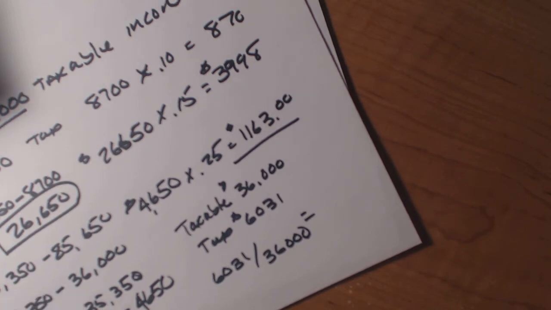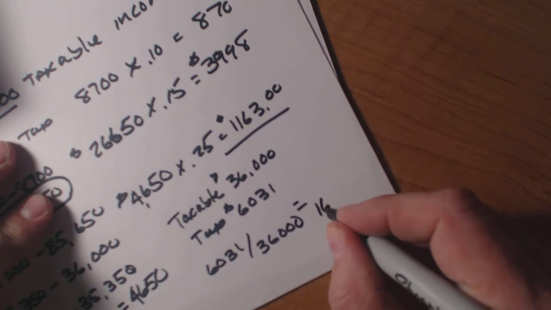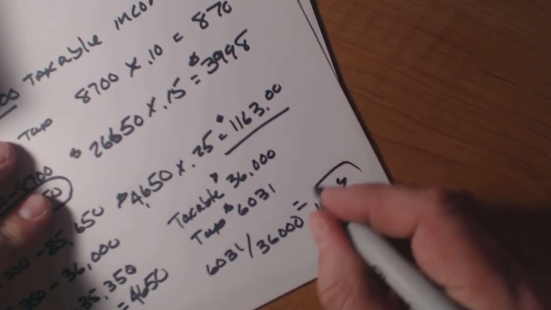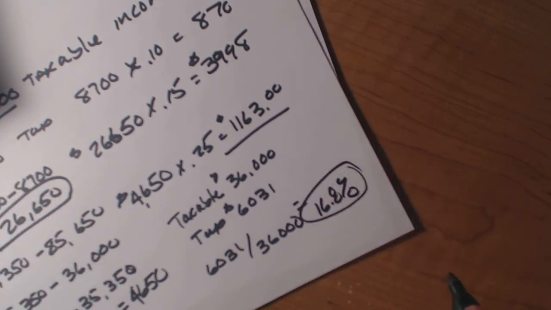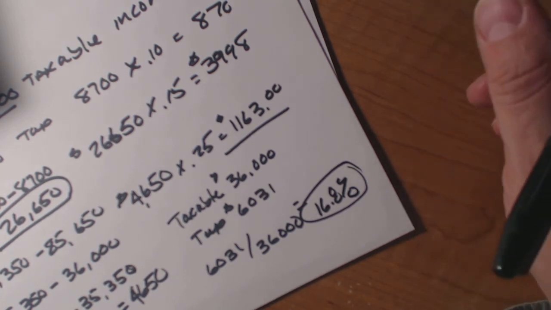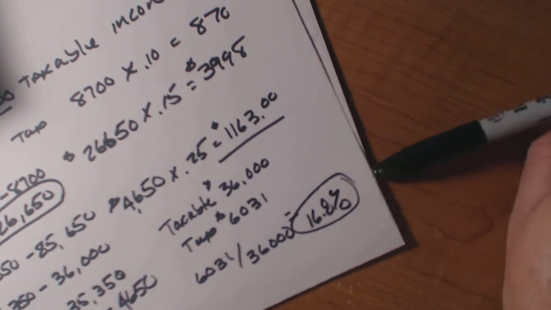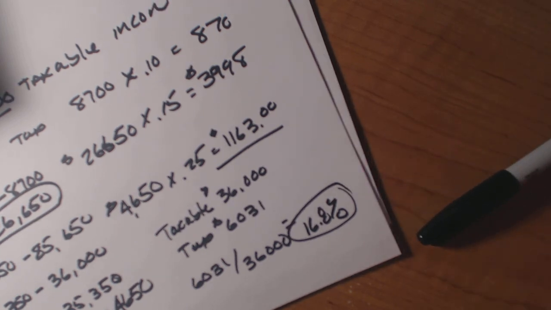I'm just calculating it here, and he is paying 16.8% in taxes. This is the basic equation for the personal tax schedule. If you have any questions, please let me know. Thank you, and this will help you with your next problem.